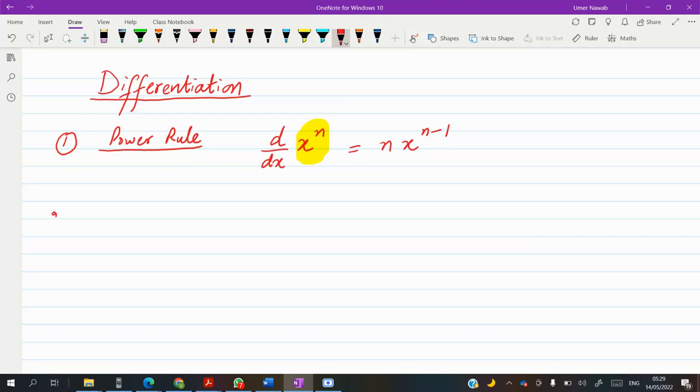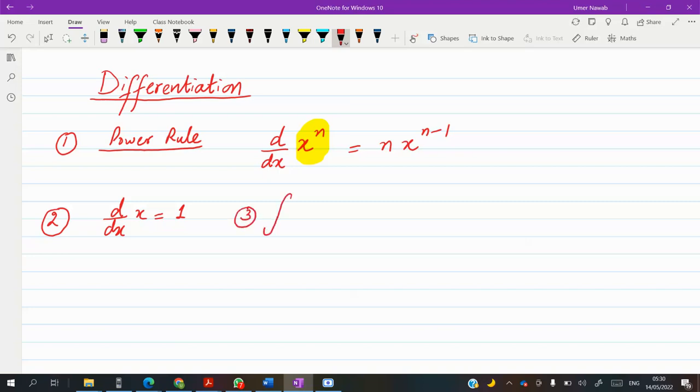Now you can use the differentiation power rule in complicated functions. But before that, you need to know some important results. The differentiation of x is equal to 1.